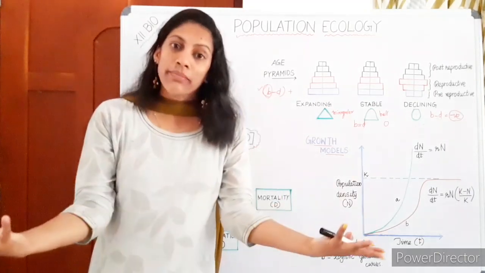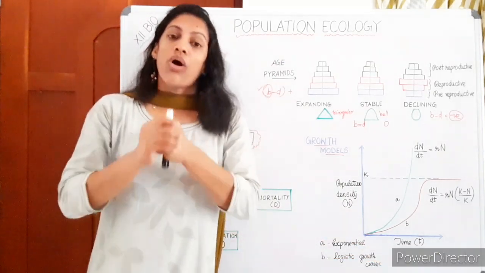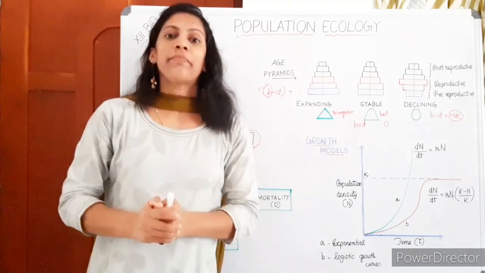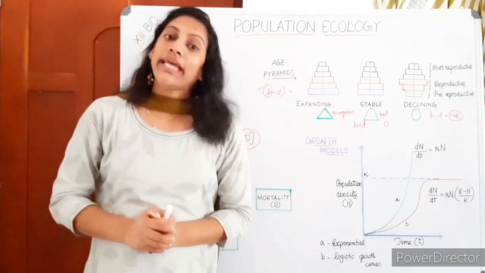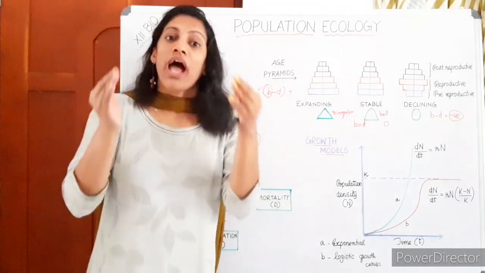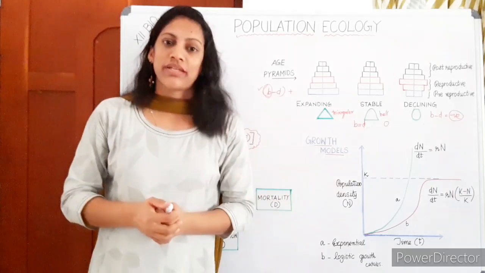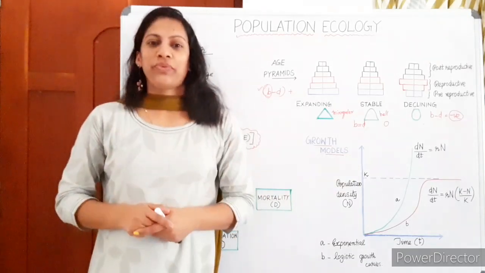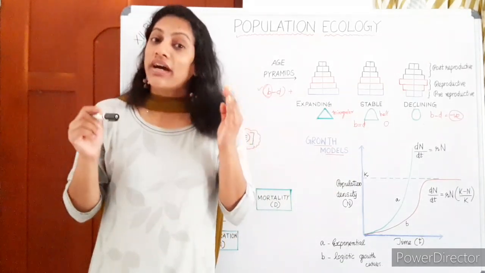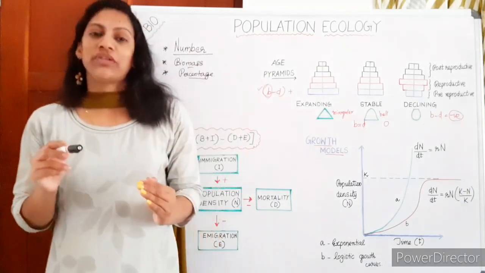Beyond that, the plants become infertile. That means in nature there is always a carrying capacity, and any ecosystem has a carrying capacity, beyond which it cannot support the organisms. So for most populations, instead of J-shaped growth, there is an S-shaped growth curve.